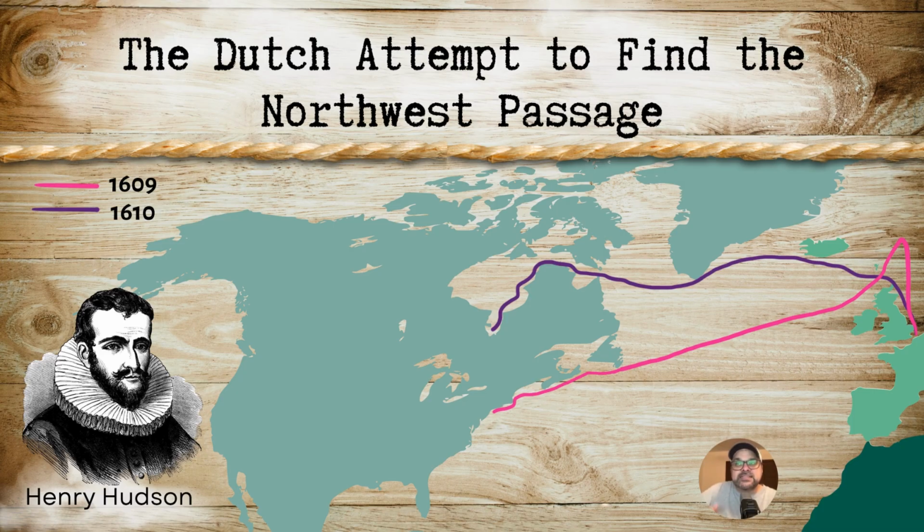Right. And he sailed this river in 1609, and he claimed this river valley in what is now New York City for the Dutch. So the Dutch established a colony here called New Amsterdam, where present day New York City is. Again, New Amsterdam is Dutch, Amsterdam is in the Netherlands.